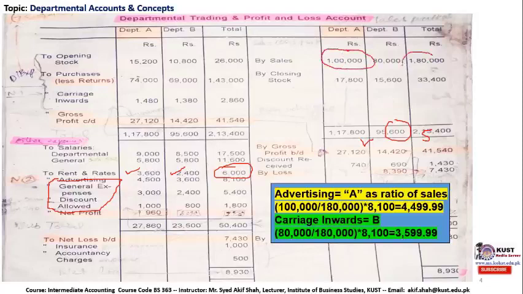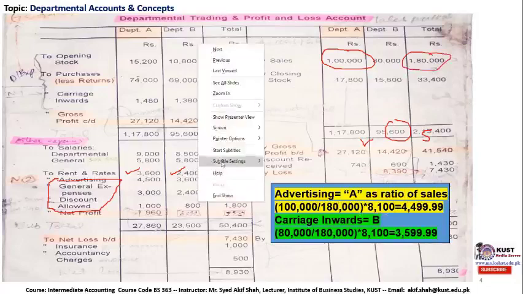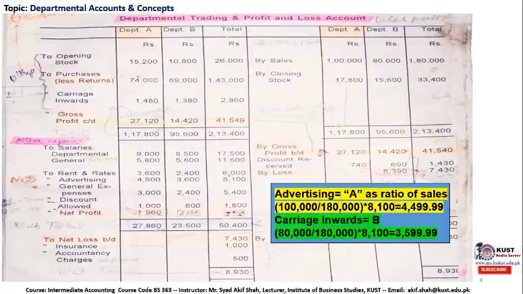We divide it by the total sales and multiply it by the total amount of advertising, which is 8,100. This total value for advertising was divided with the help of the sales ratio, and it has given us 4,499.9, which can be rounded to 4,500.